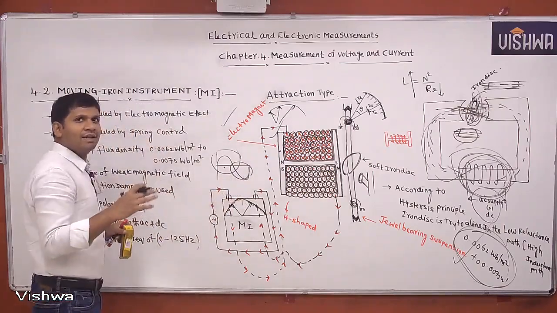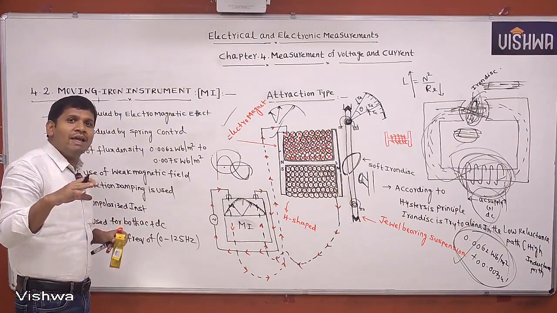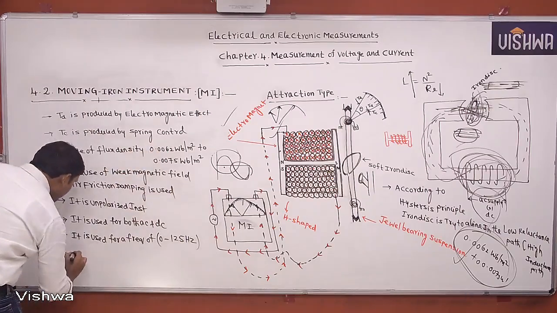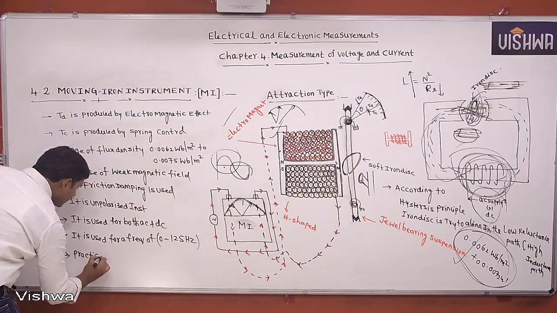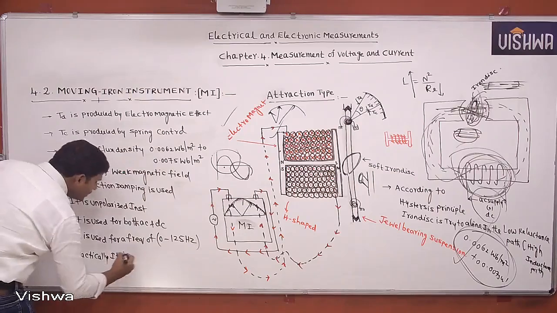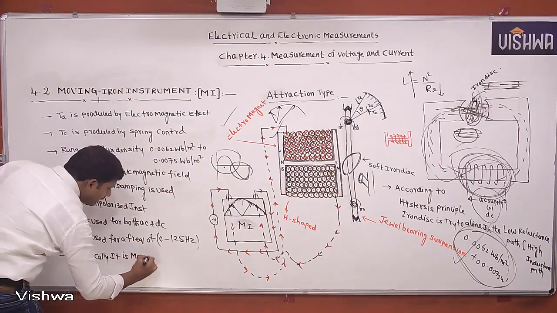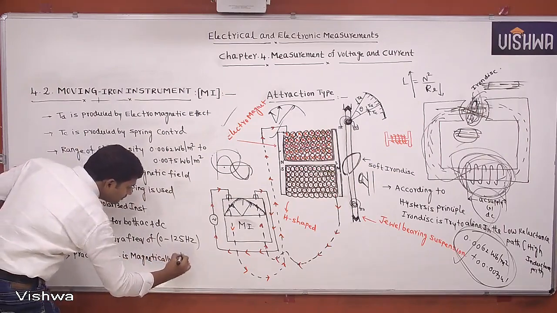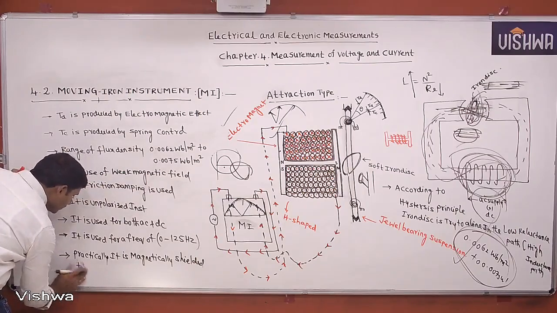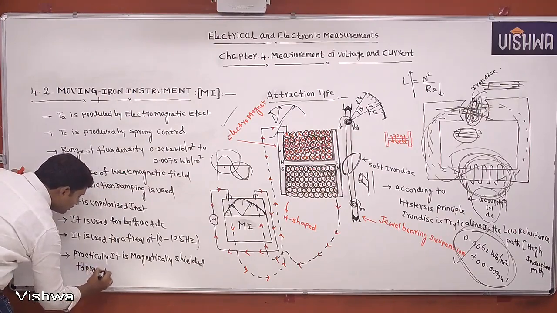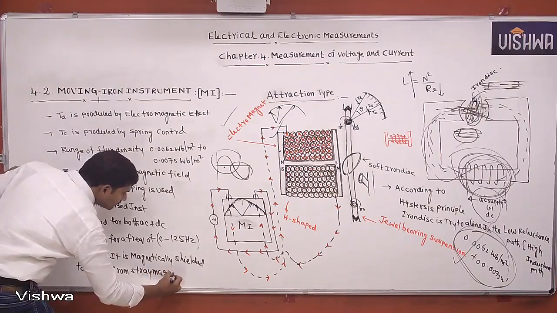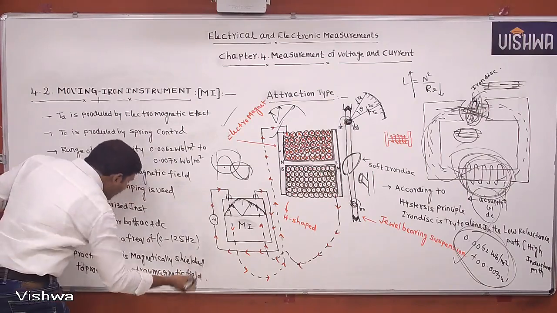That's why practically this moving iron instrument is shielded to protect it from stray magnetic fields, external magnetic fields, because of the very weak magnet.